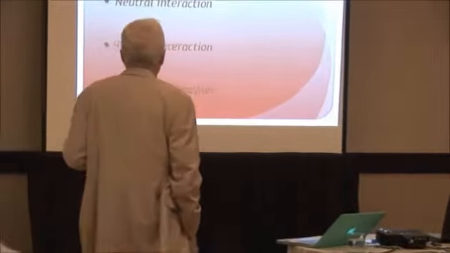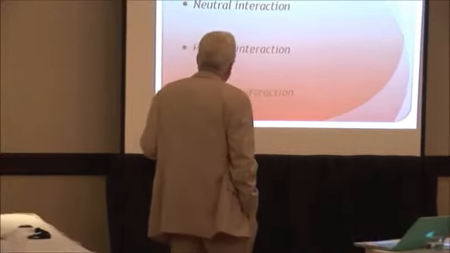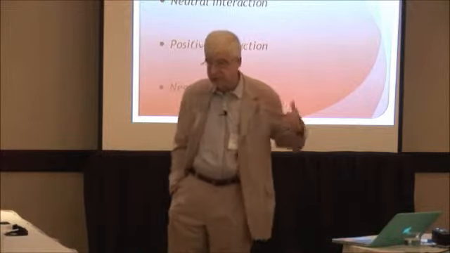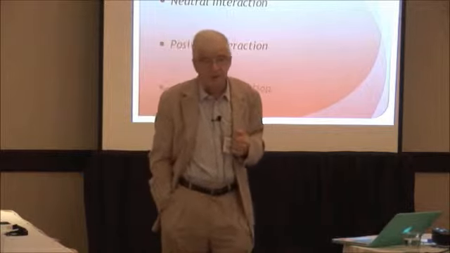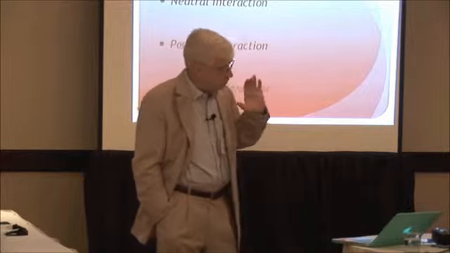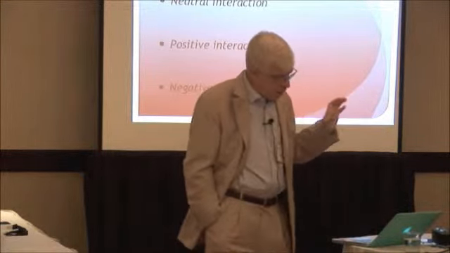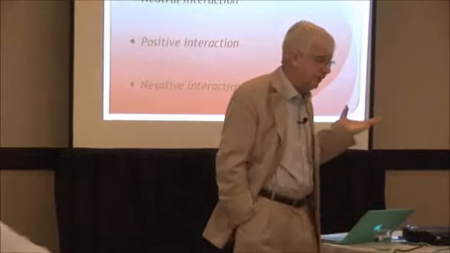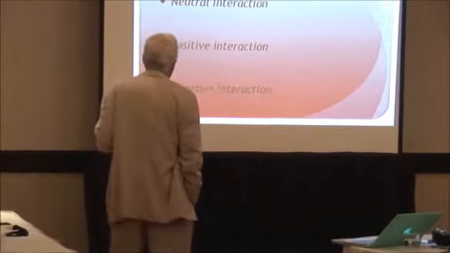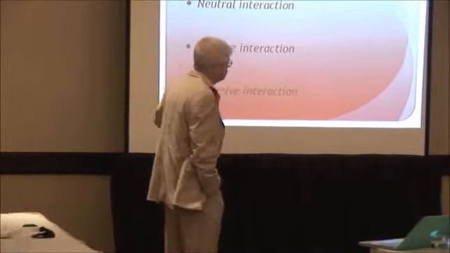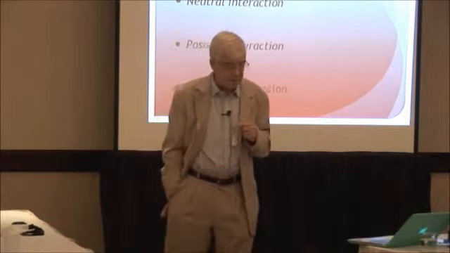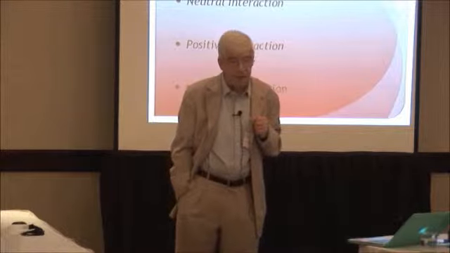For example, in a neutral interaction, the interaction between these two elements of the supply chain, and let's assume that is a supplier and a carrier, does not affect the combined risk. Okay? The individual risks are independent of this interaction, and so they are not affected. And in that case, we will say that the interaction is neutral, and the combined risk will be the highest of the two, meaning the highest risk of the two is the weakest link in the chain.